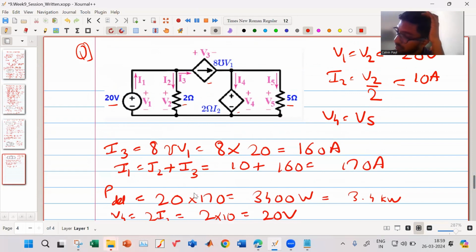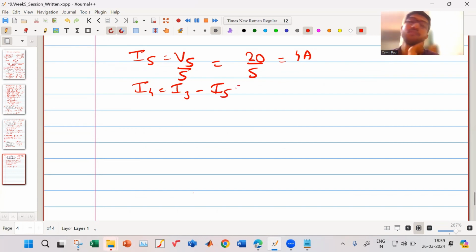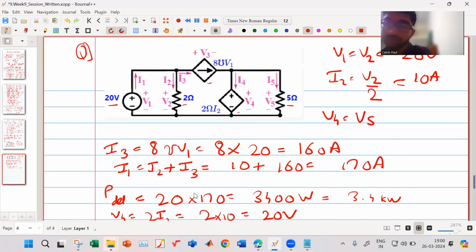Then I4 is equal to I3 minus I5. I3 is 160, minus 4, so 156 amperes. Now the power delivered or supplied can be calculated.